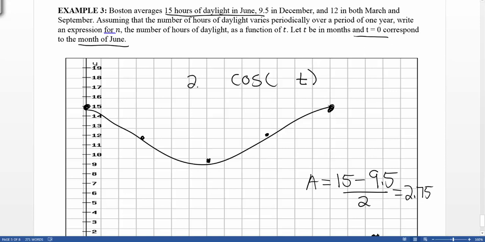Because this doesn't look like it was rotated, it looks like the general way cosine is shaped, I'm going to report that as positive 2.75.